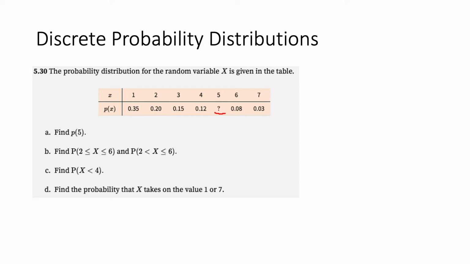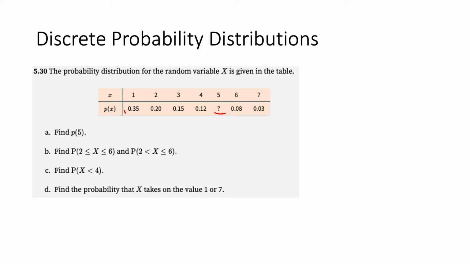And the one thing that we need to know in order to do this is that all of the probabilities will always add up to 1. Okay, so something has to happen. Right now we don't know the probability of this outcome, but realistically we do, because we know that this is a complete probability table. So all of these values must sum to 1.